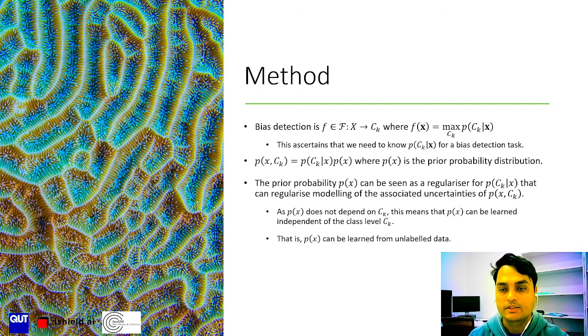It essentially estimates the conditional probability of CK given X. The joint probability of CK and X can be estimated as the conditional probability of CK given X multiplied by the prior probability of X. The prior probability of X can be seen as a regularizer for the uncertainty associated with the joint probability of CK and X. As P of X, the prior probability, does not depend on the class distribution CK, this means this prior probability can be learned from unlabeled data.